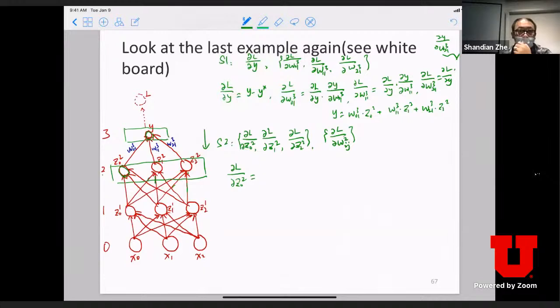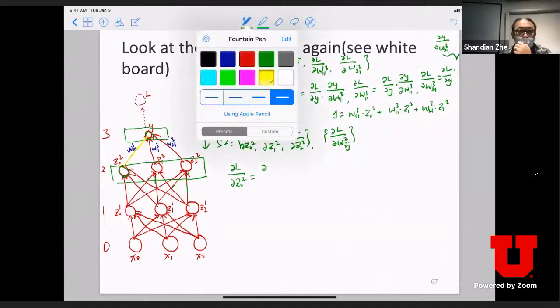Yeah, exactly right. Remember, when we apply the chain rule, we look at, okay, from Z02 to Y, there's only one path. So if you want to compute partial L over partial Z02, you just look at this path, then you multiply the result along the path.